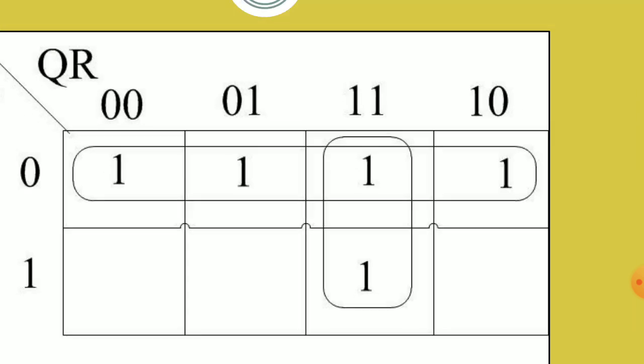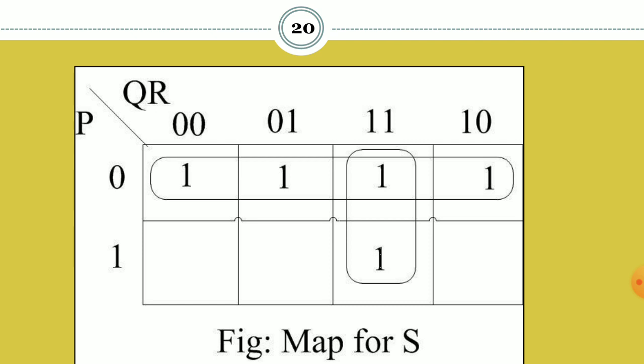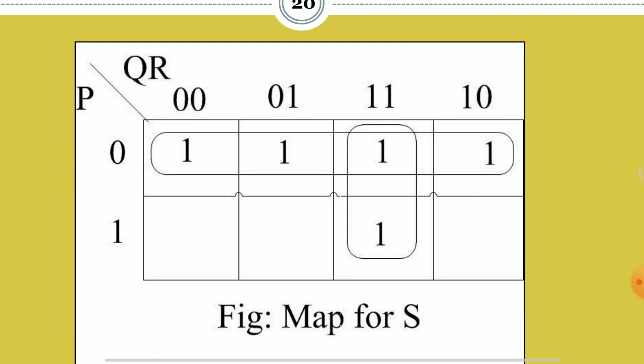In here we see that minterms 3 and 7 make a group, and it will represent the value QR. Since for 3 and 7 the value of P is changing, that's why P will not be considered for the 3 and 7 group.